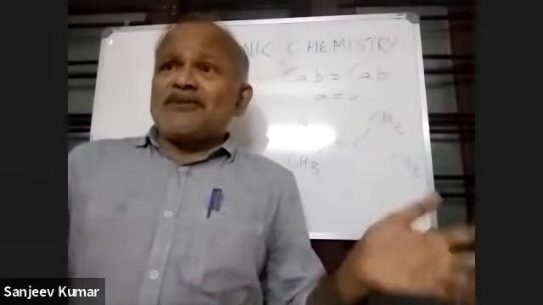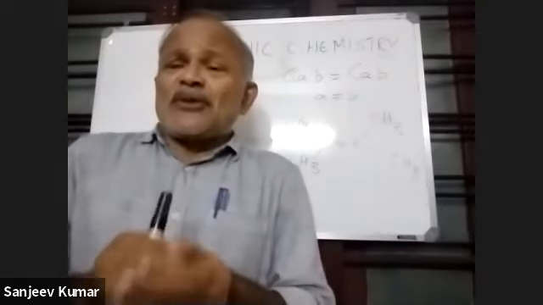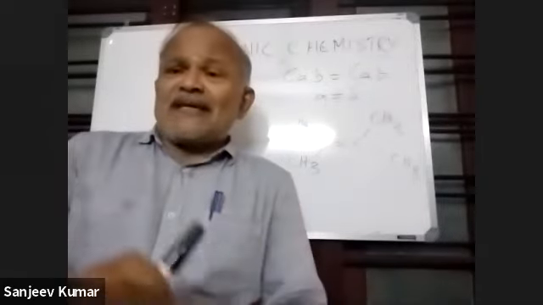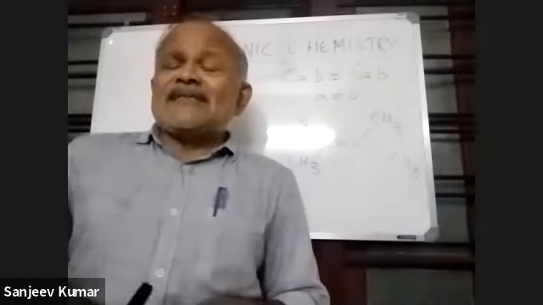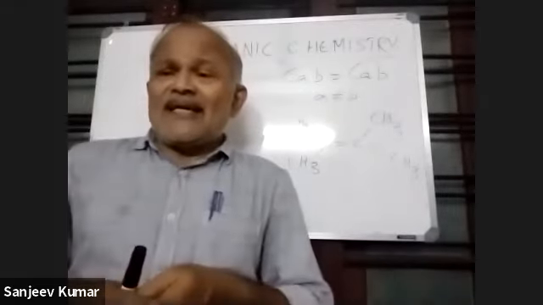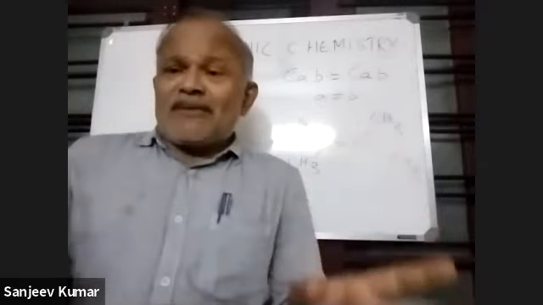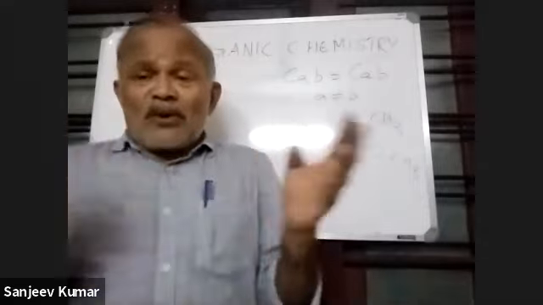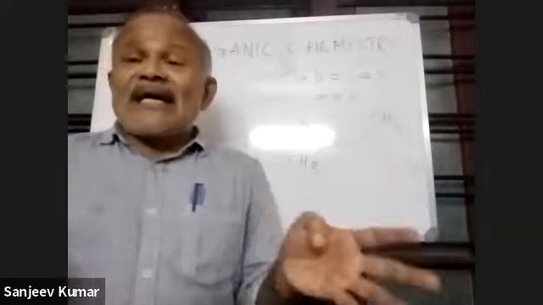For example, if a substitution takes place through an electrophilic mechanism, it is electrophilic substitution. If it takes place through a nucleophile, it is nucleophilic substitution, and both are polar mechanisms because charge separation arises. And if it occurs through a non-polar mechanism like a free radical mechanism, it is a free radical mediated substitution reaction.